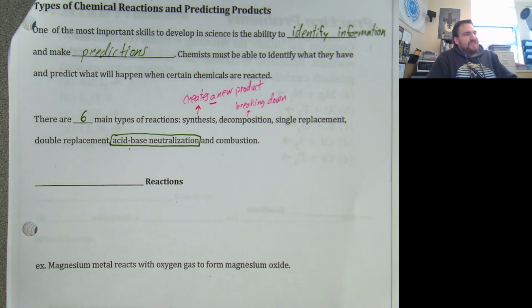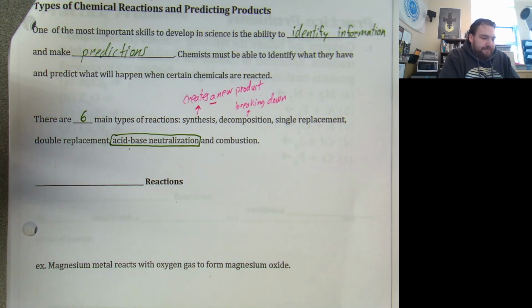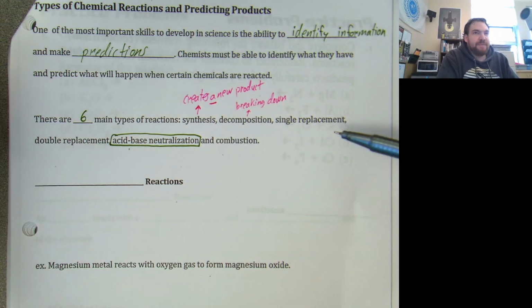And I'm going to go through specific examples of all these things, but the names should trigger English concepts you're already familiar with. Single replacement. What does the name suggest is happening? You're replacing one thing.